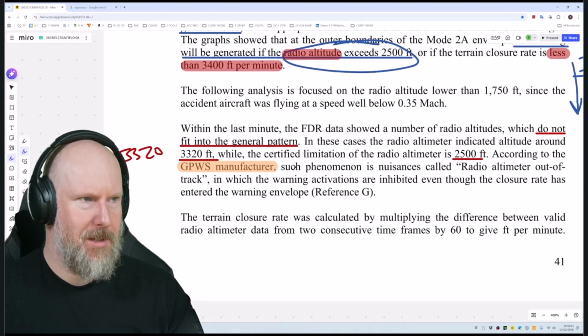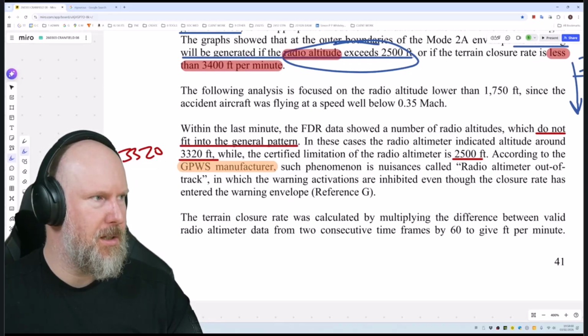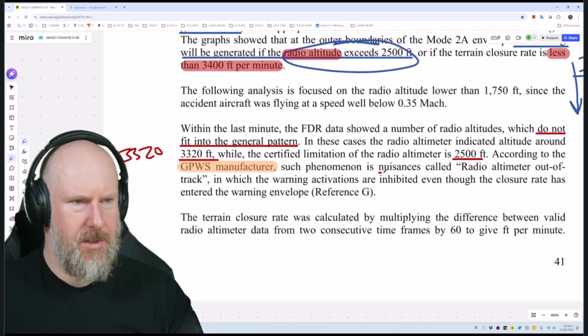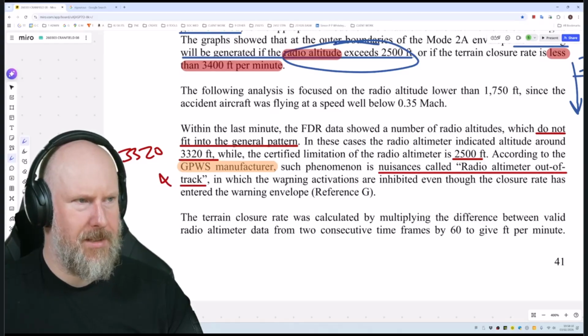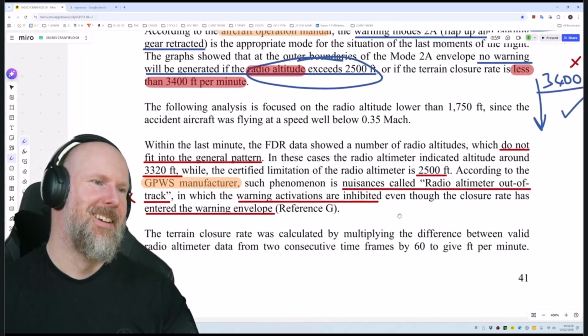Okay, so the GPWS manufacturer: such phenomenon is nuisances called radio altimeter out of track, in which the warning activations are inhibited even though the closure rate has entered the warning envelope.